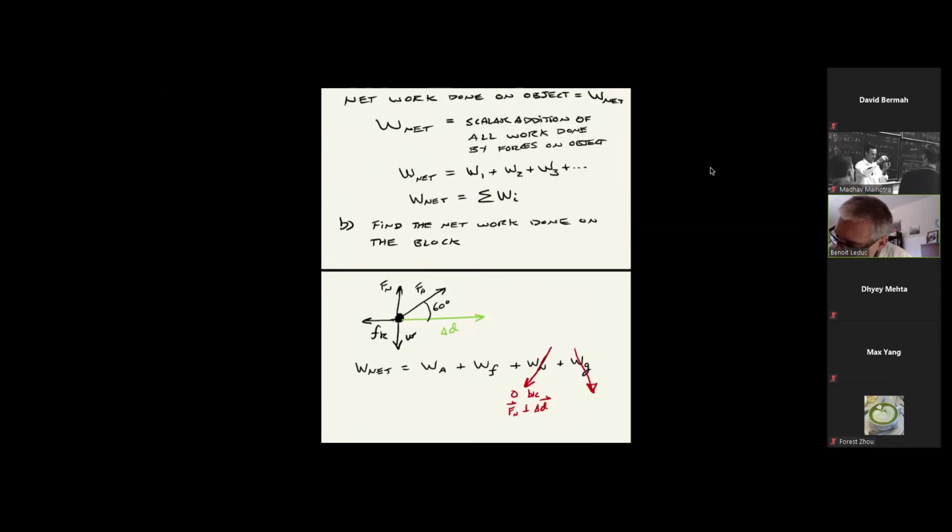That's correct. 0 because the gravitational force, which is this one here, the weight, is nothing else but gravity, is also perpendicular to the displacement. Very good. So in this particular equation, the normal force and the gravity don't do any work whatsoever.